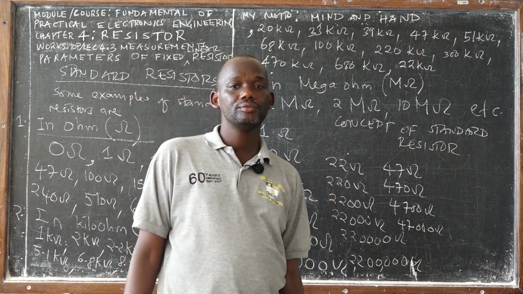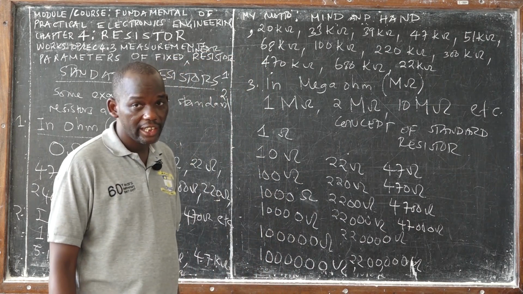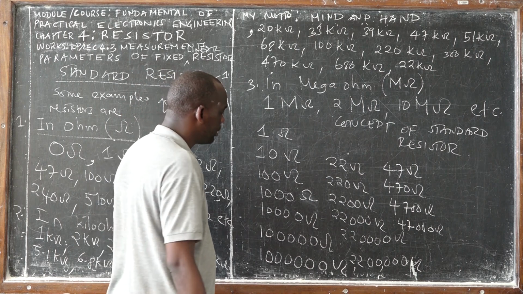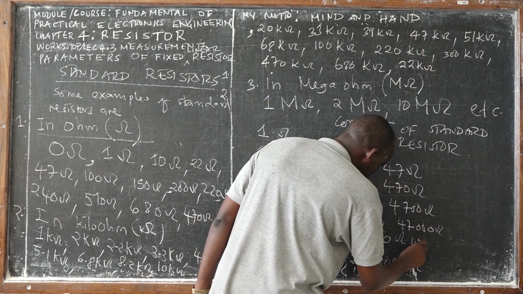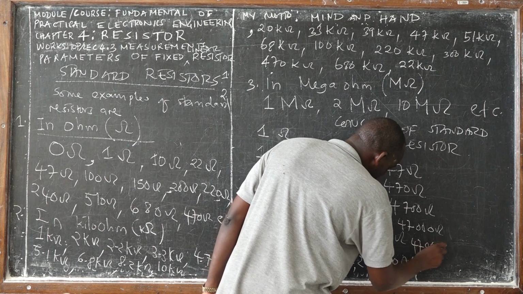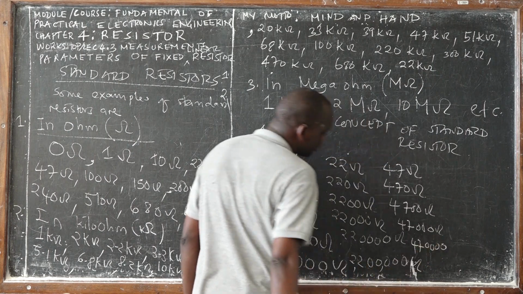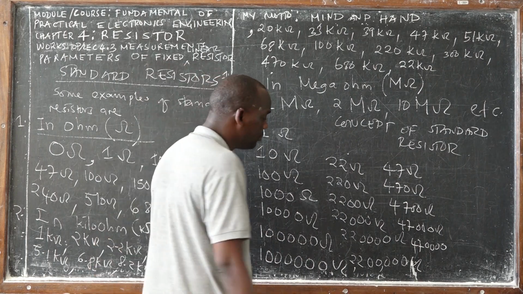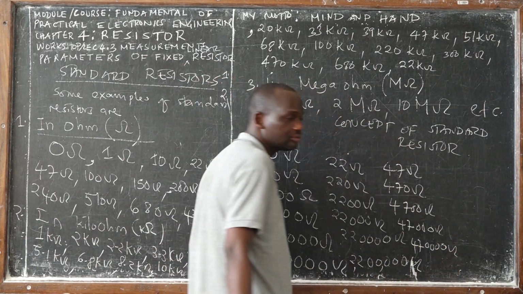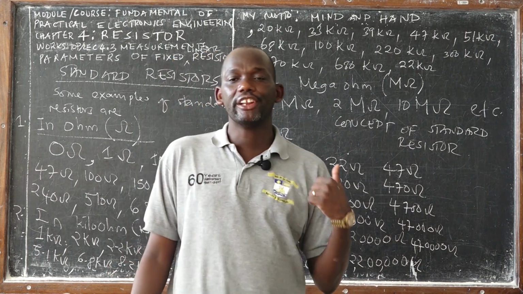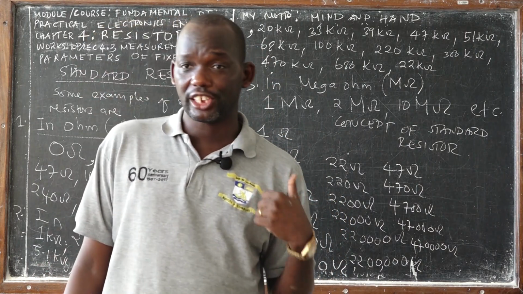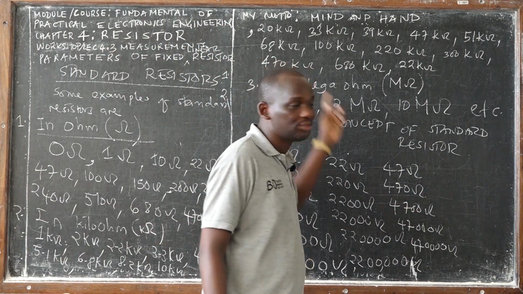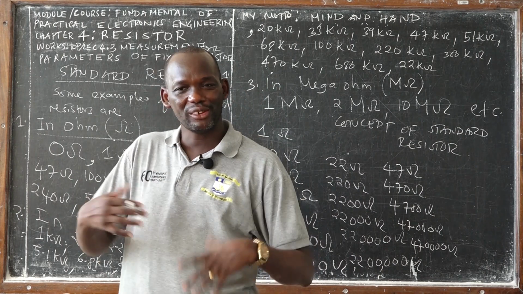Correspond to how many kilo ohm? 47 kilo ohm. Then next is 470,000 ohm. Correspond to how many kilo ohm? 470 kilo ohm. Do we have it? This one. So from there you enjoy life.